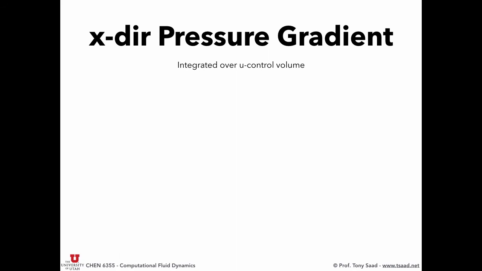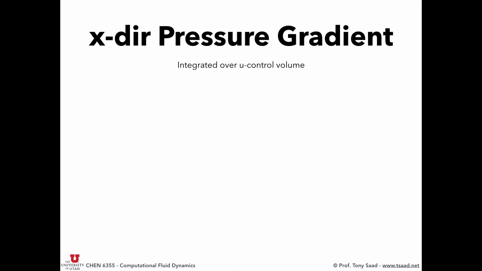So remember, scalar quantities need to live at the scalar cell center as you are integrating scalar quantities. But for U momentum, the final result needs to live at the U cell center, not at the scalar center. So dP dx better result in something that lives at the U control volume.